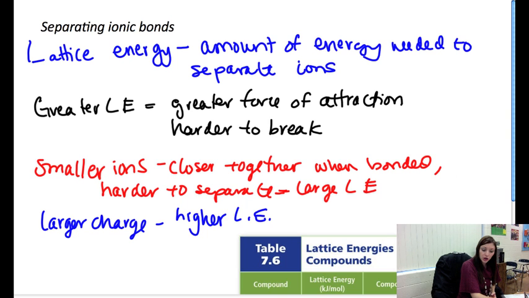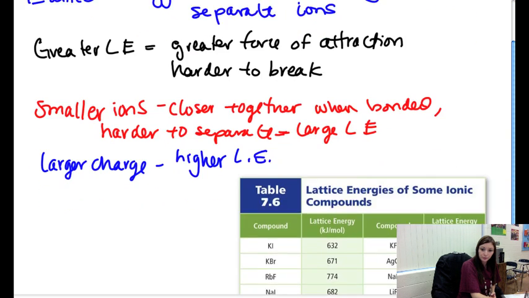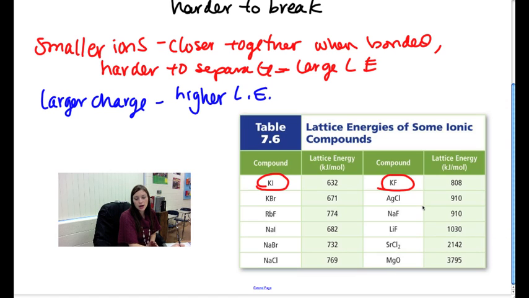So if we look at this chart on the right, if we look at KI and KF, KI is much larger than KF because I is larger than F. I is in the 5th row of the periodic table, meaning it has electrons out there in a 5p orbital, whereas F only has its last electrons in the 2p orbital.